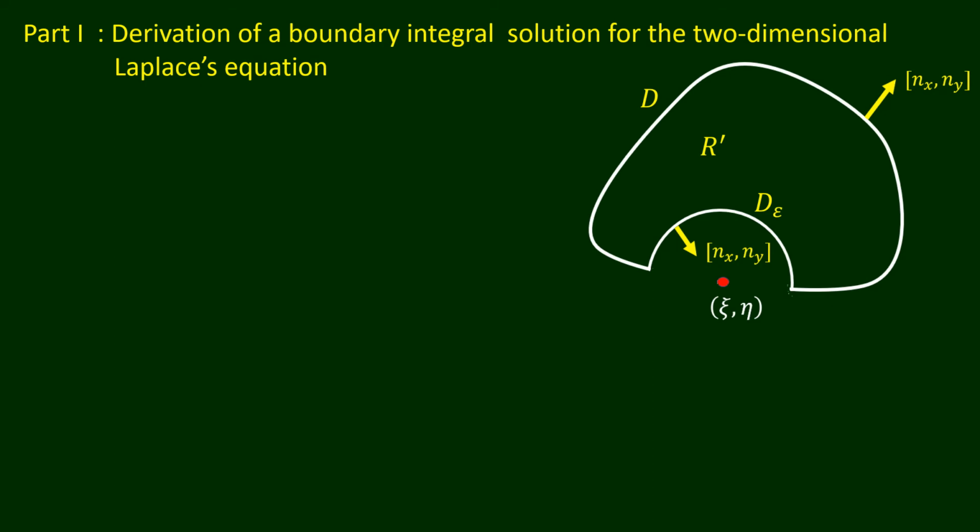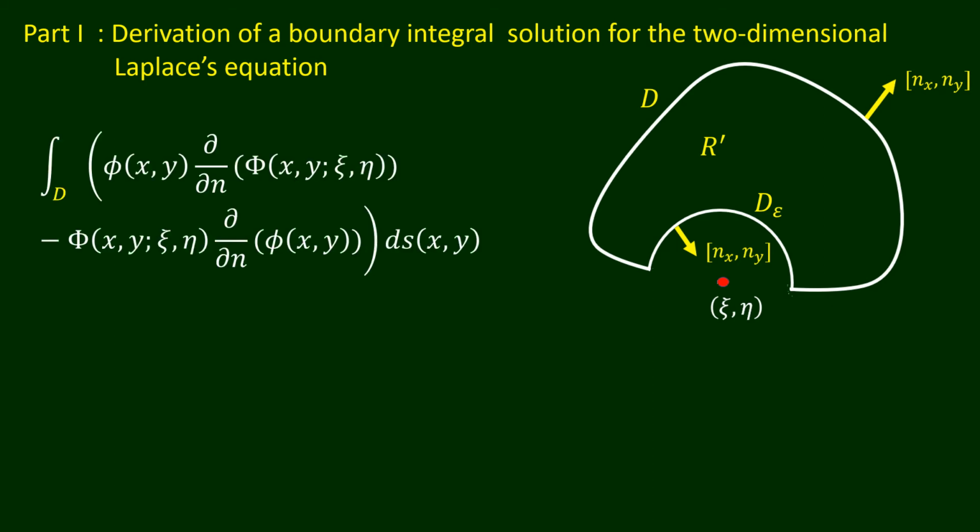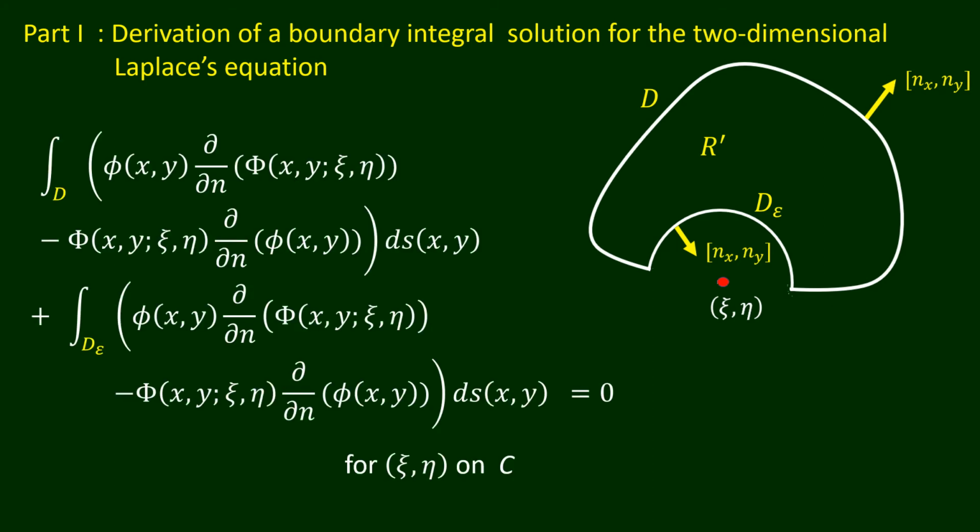The reciprocal relation gives us this integral equation, which involves integration over the curves D and D epsilon. Note that the curve D approaches the curve C as epsilon tends to 0 plus. If the point (xi, eta) lies on a smooth part of the curve C, then the curve D epsilon approaches a half circle as epsilon tends to 0 plus.